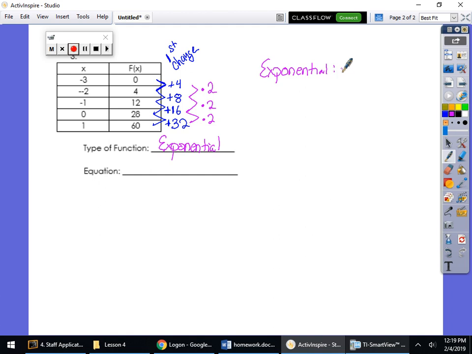All right, we are multiplying the pattern. The pattern is multiplying by 2 each change. So since we're multiplying, it has to be exponential.